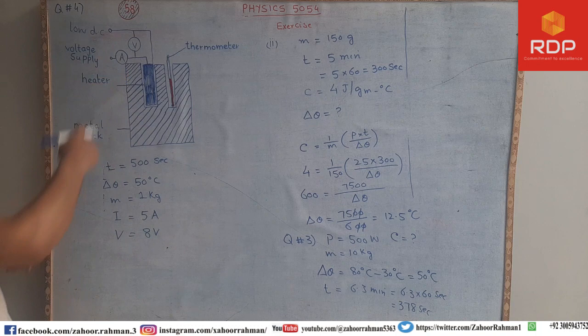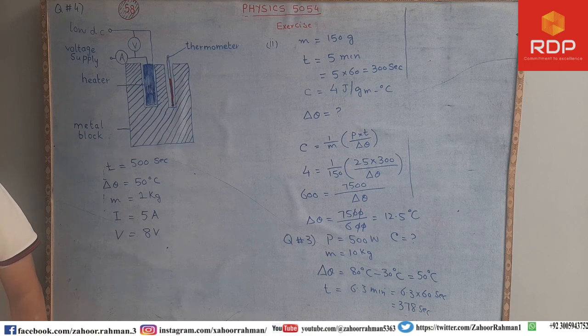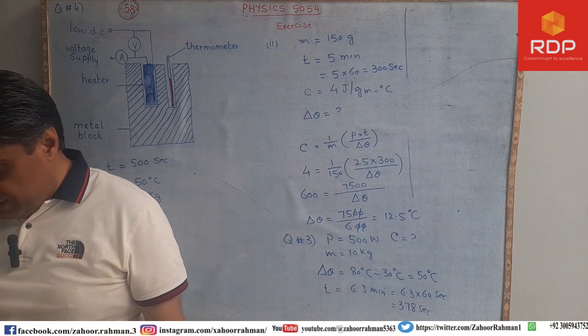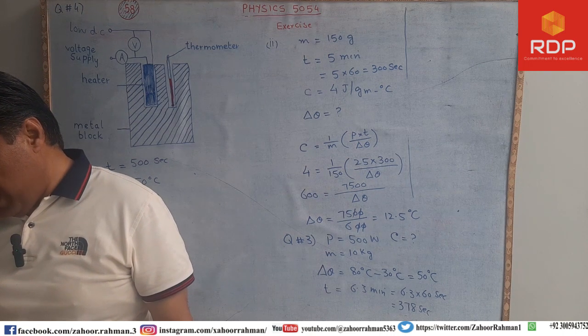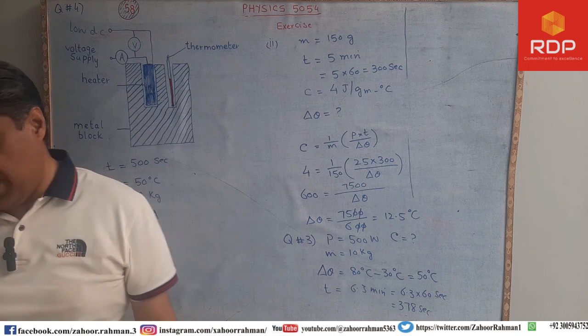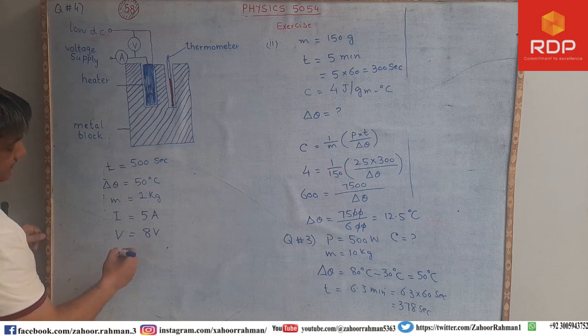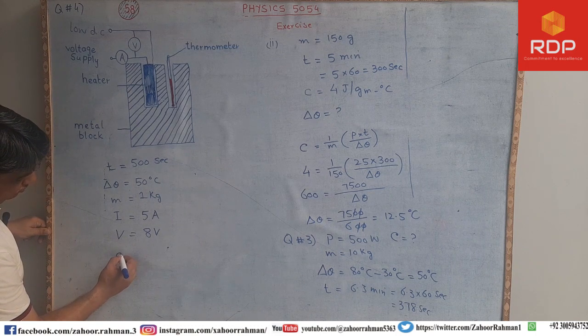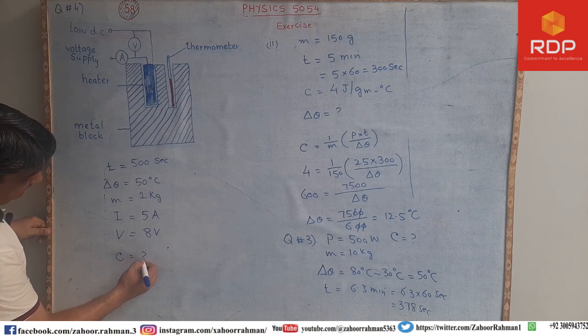This is voltmeter. It is denoted. So all this data is given to us, and thus using the above data, calculate the specific heat capacity of the unknown metal. We have to find the smaller c.